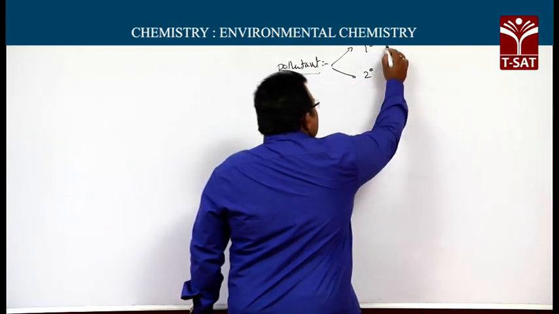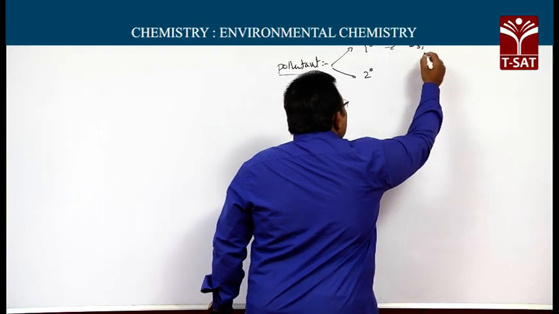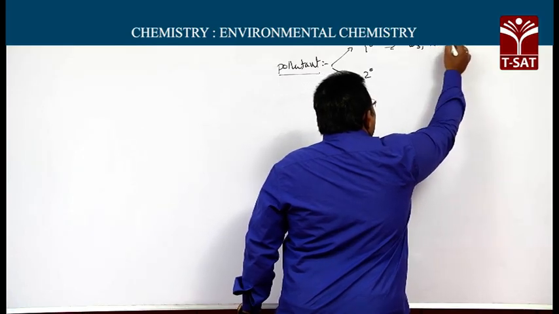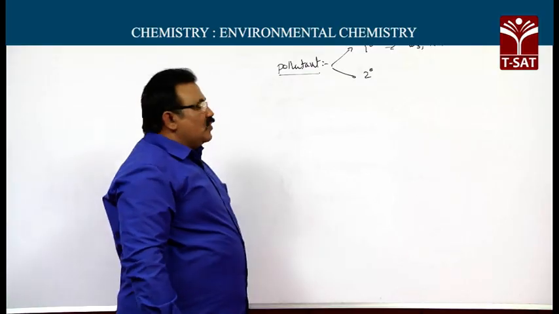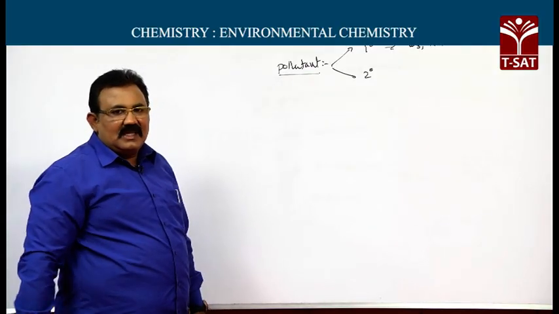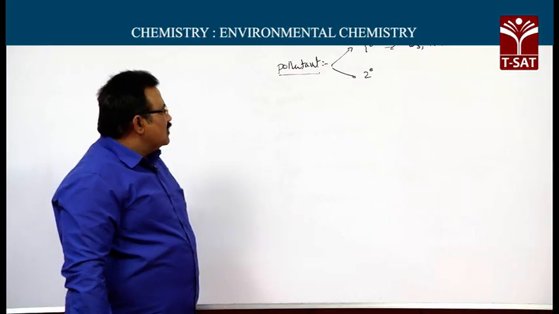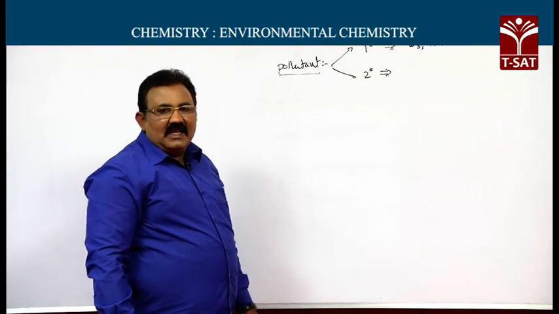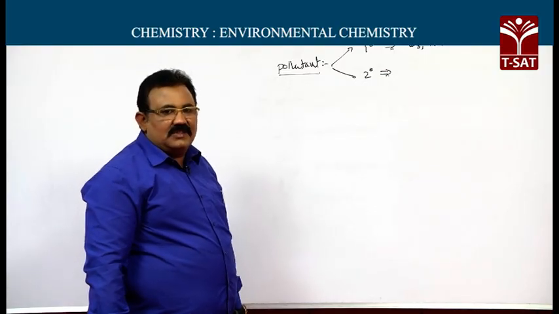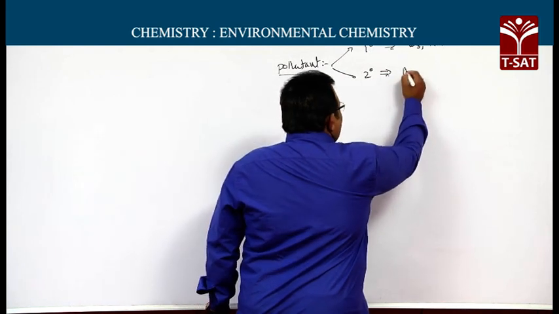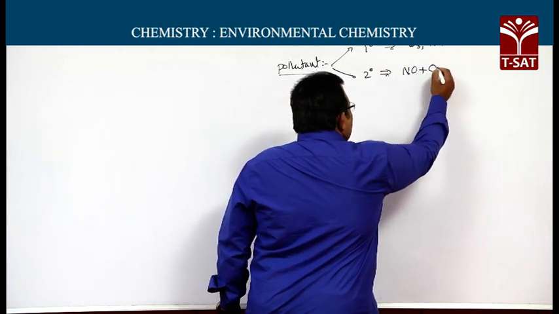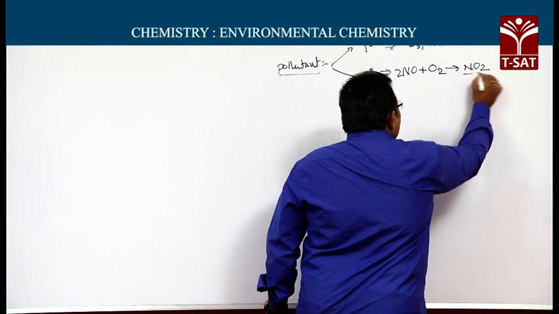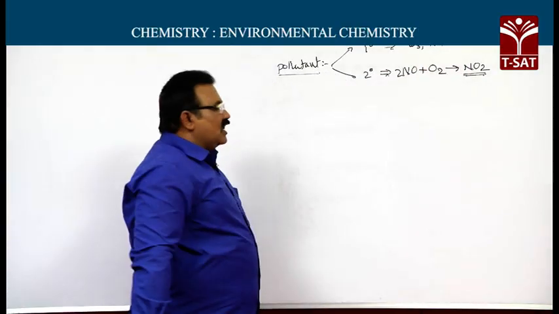Primary pollutants such as ozone, NO, CO are produced by the interaction between the elements, whereas secondary pollutants are produced by the interaction of primary pollutants. For example, NO combines with oxygen to give NO2. So, NO2 is a secondary pollutant.